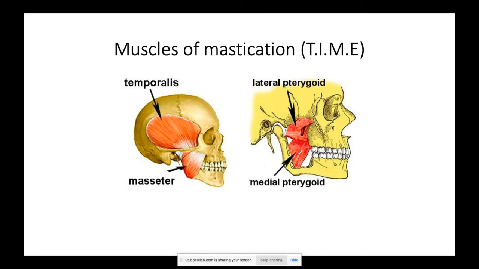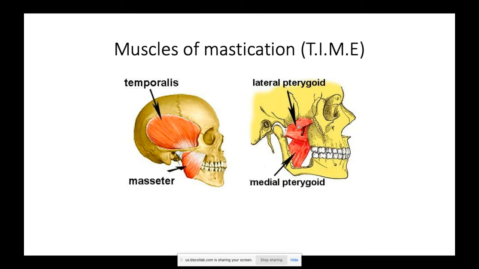If you can see, the medial pterygoid is internal. It's inside the mandible. We have to cut away the angle and ramus of the mandible to get a better look at it. And then here's the lateral pterygoid.